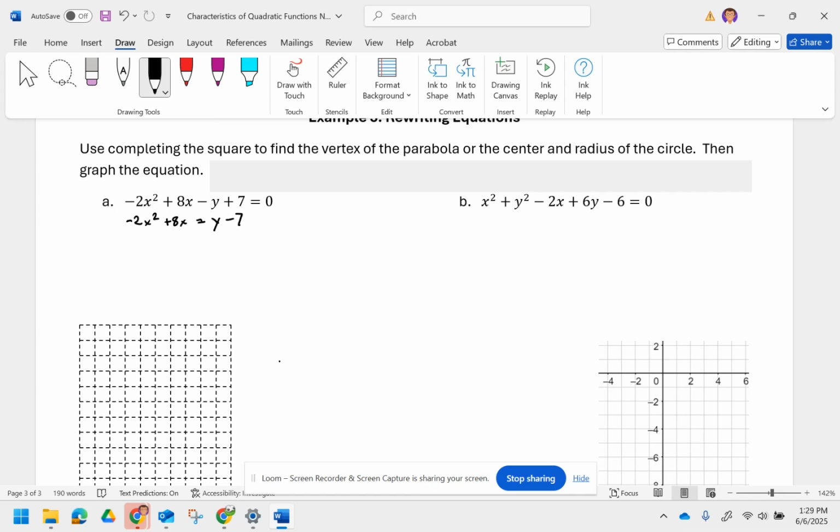Now, the fact that I've got a coefficient in front of x squared can complicate things. So I'm going to go ahead and divide that out. And 8 divided by a negative 2 is going to give me a negative 4.